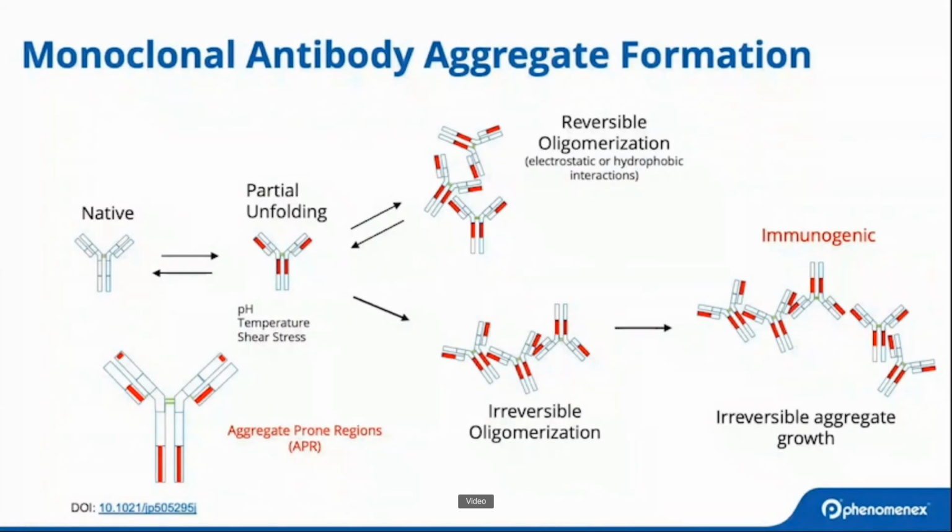But in the worst case scenario, this can become irreversible and leads to aggregate growth. Now, aggregates have the potential to impact safety and efficacy of a biotherapeutic and are a critical quality attribute. This means that they will need to be reported for any therapeutic.